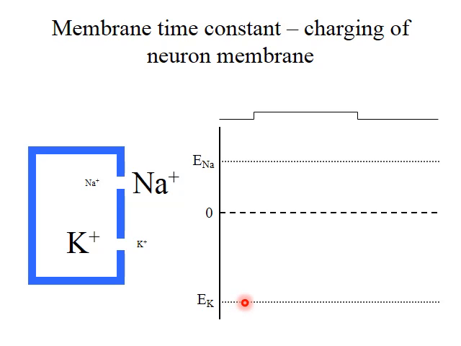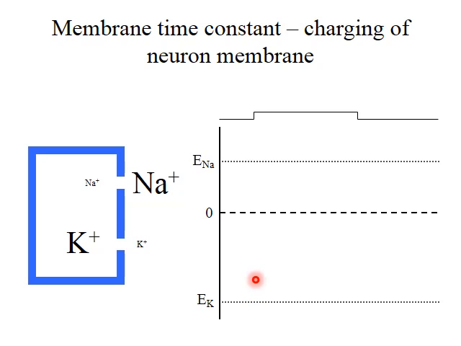When we open the sodium channels, there will be an initial influx of sodium because sodium is higher outside than inside. So sodium ions will flow into the cell, bringing a positive charge into the cell, and this will depolarize the neuron. So initially sitting at EK, when the sodium channels open, the membrane potential will begin to depolarize as sodium ions flow in.